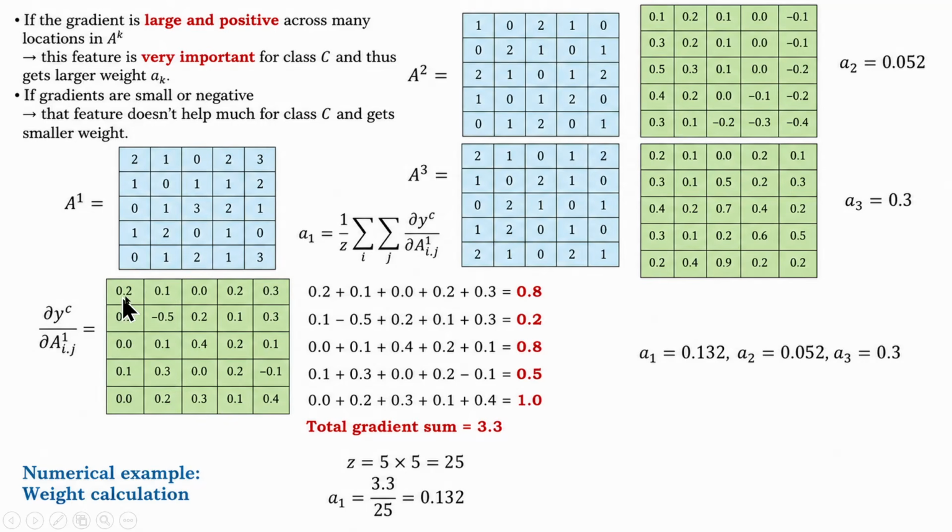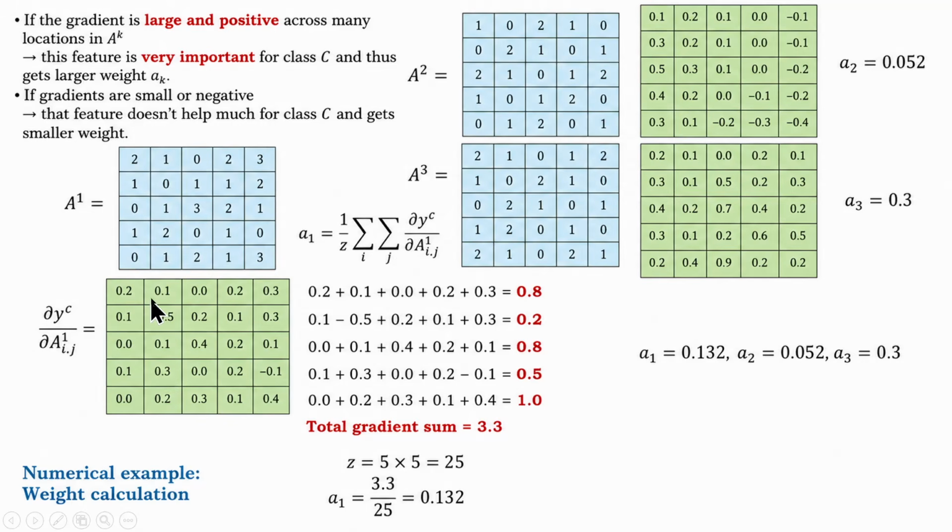So these green color boxes are the gradients which we have obtained on the logit with respect to the feature map values. Once you obtain these gradients, this part is completed. So what is the second part? The second part is summation.